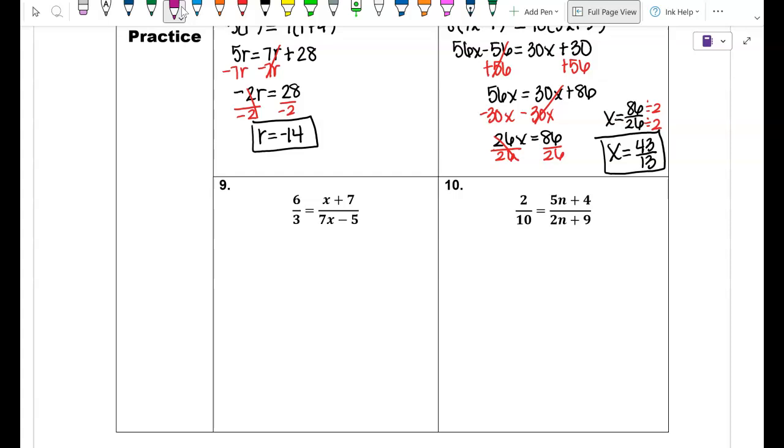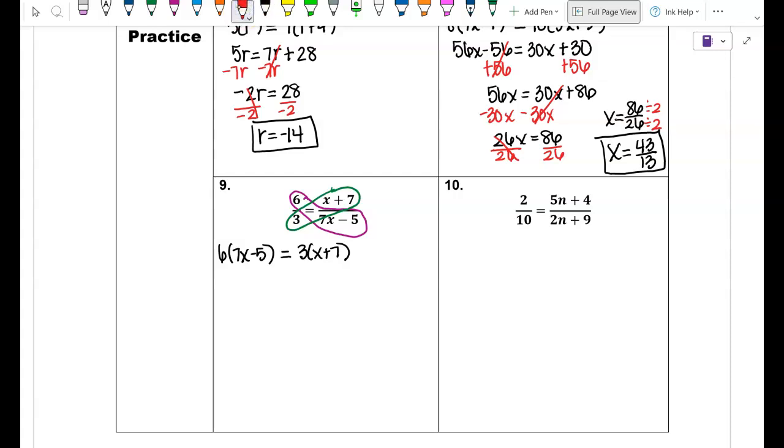Number 9, 6 over 3 equals the quantity x plus 7 over the quantity 7x minus 5. Again, I'm going to go for my diagonal. So on one side I have 6 times the quantity 7x minus 5 equals my other diagonal, 3 times the quantity x plus 7.